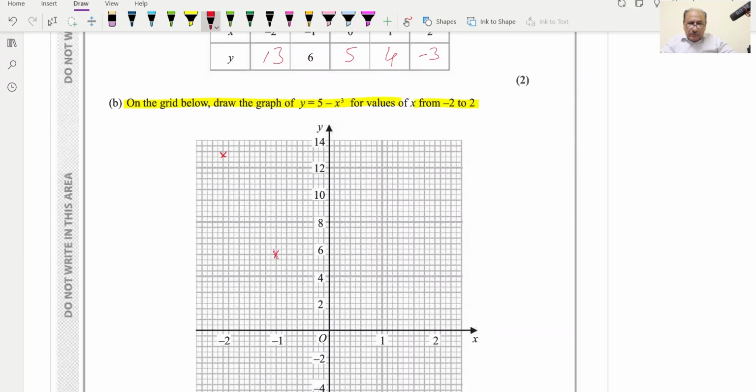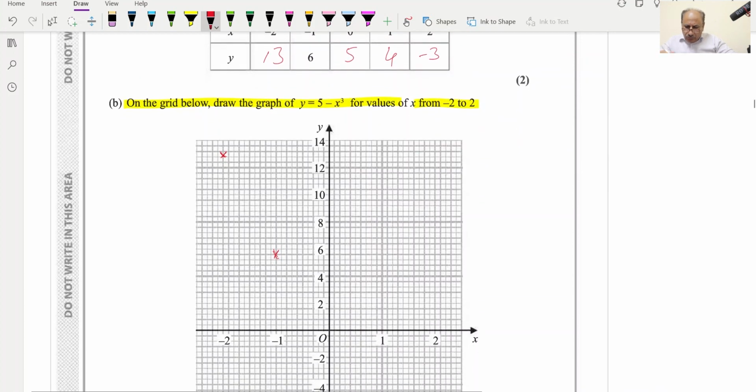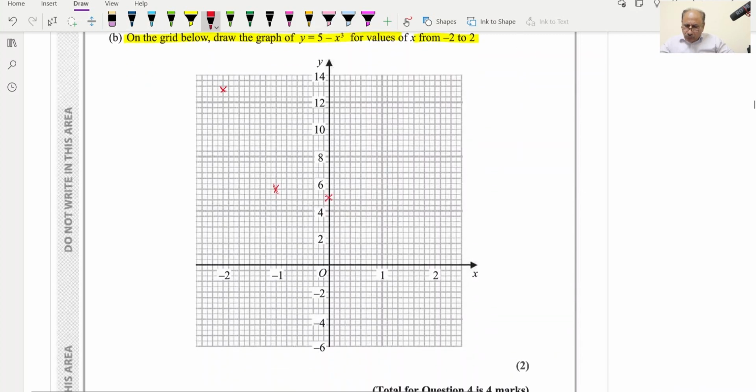And then comes 0 and 5. So 0 and 5 will be in the middle of 4 and 6. And then comes 1 and 4, which will be this mark. And the last is 2 and minus 3, which will be this mark.